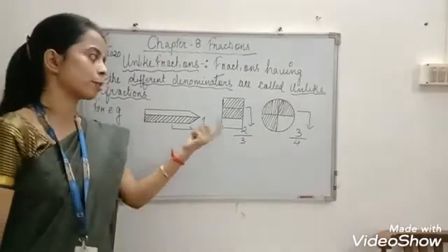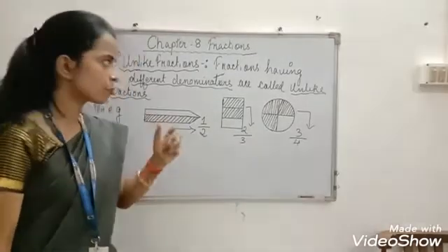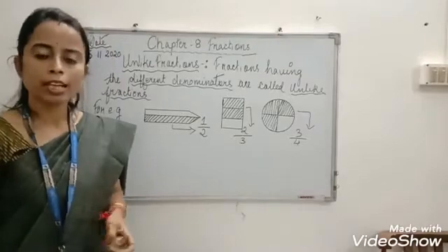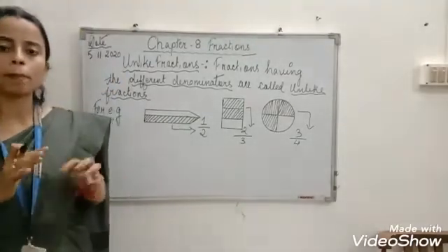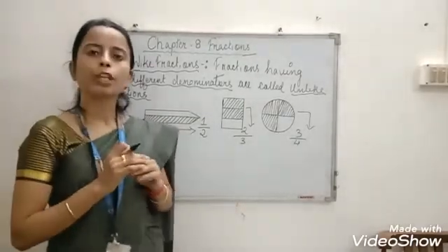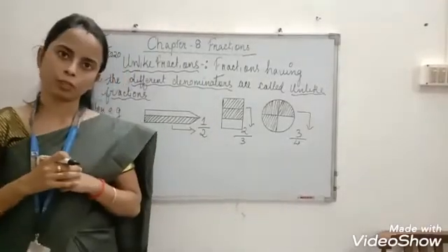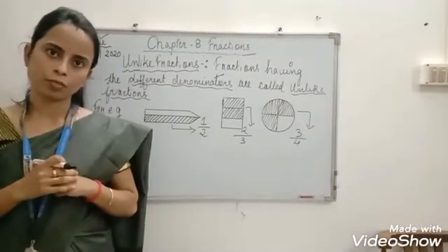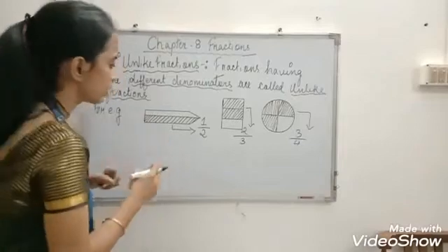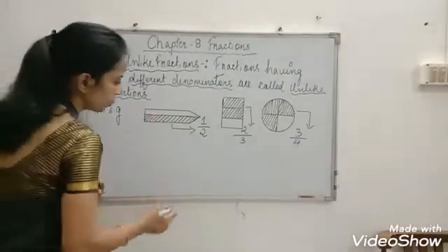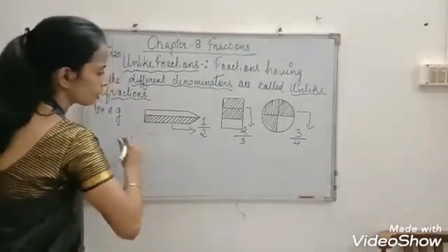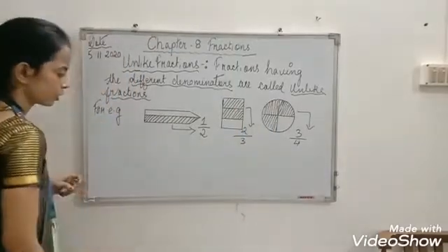Through diagrammatic representation we have learned this. Alright? As I have already told you, to compare like fractions we need two or more fractions. Right? Let's answer one question. I will write some fractions for you.